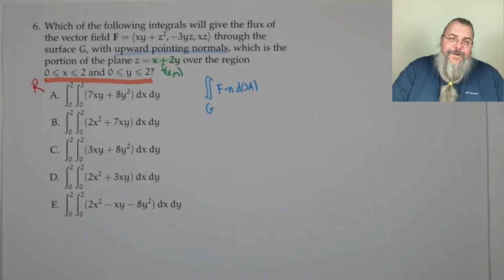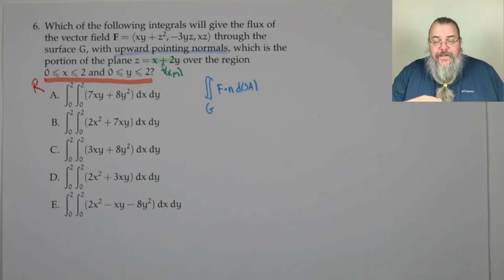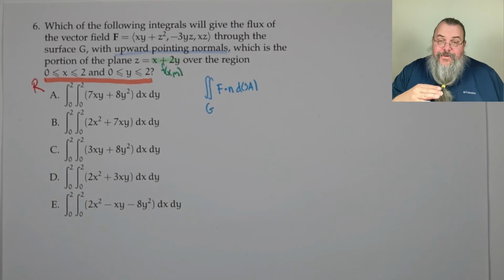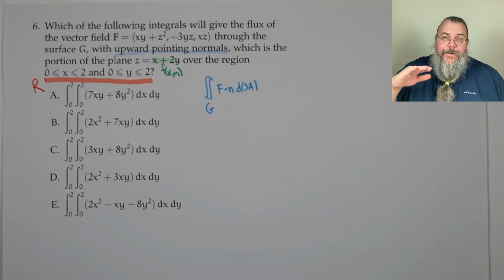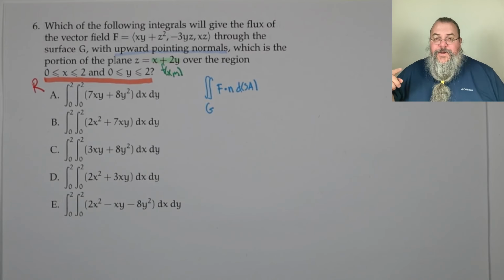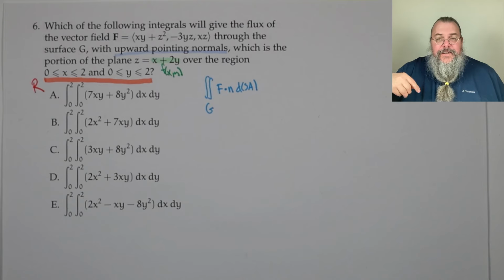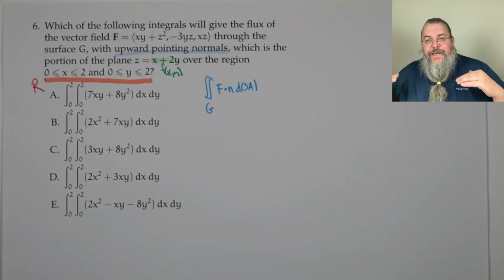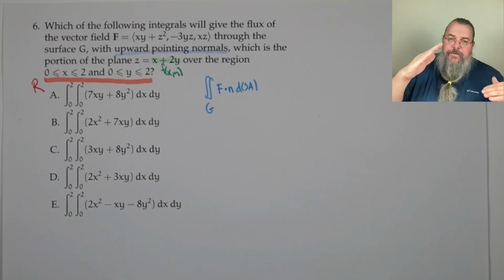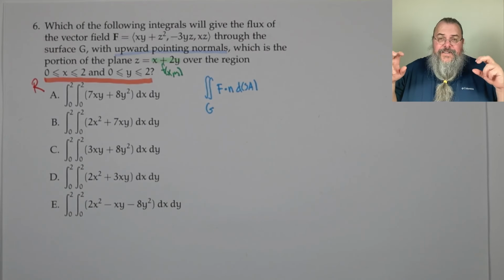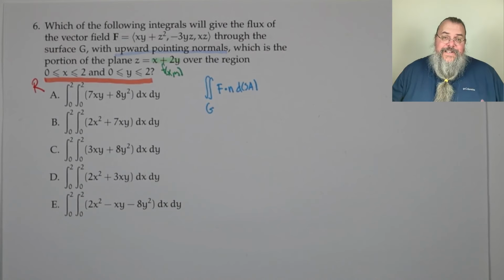And essentially when we're talking about upward pointing normals, it's saying, let's take a second and orient this surface, right? Which is the top side? That's the upward side. Because when we talk about flow, there's a plus sign and a minus sign. You could have parts of F going in one direction, parts of F going the other direction. And so we have to decide which way is positive, which way is negative. That's an orientation.